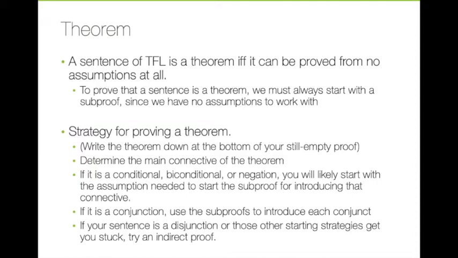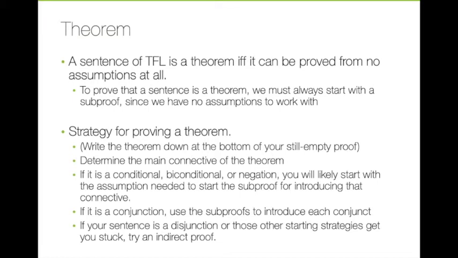It might be good to write the theorem down at the bottom of your empty proof as a goal that you're working towards. Then you need to be guided by the main connective of a theorem in constructing the rest of your proof. So for example, if the main connective of the theorem is a conditional or a biconditional or a negation, each of those are subproof rules for introducing those connectives.